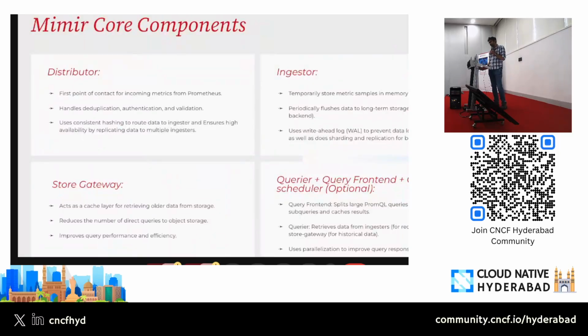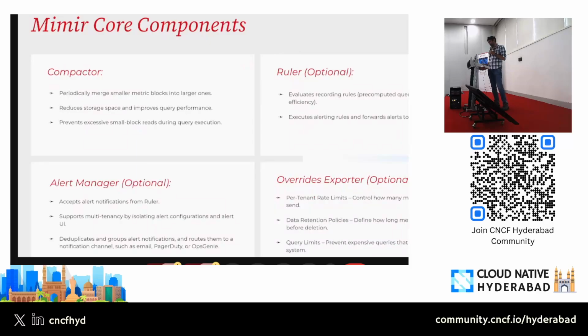These are basically the same things highlighted, what each component does: distributor, ingester, store gateway, and there is a query scheduler that is optional, which maintains the memory queue. Compactor, as I said, reduces the storage cost by removing the duplicates and all that stuff. Ruler basically has all the rules.